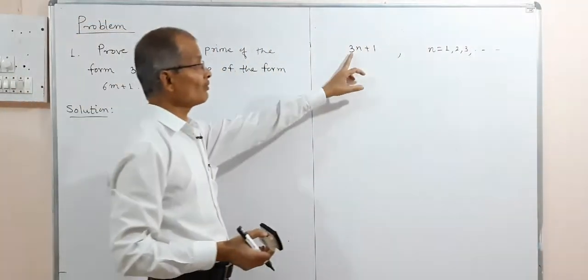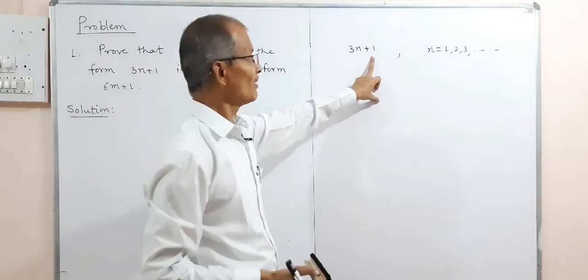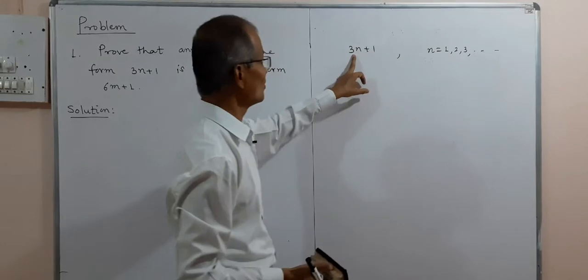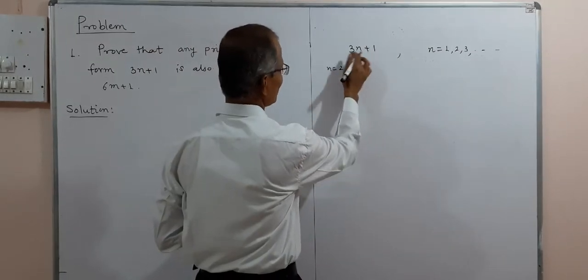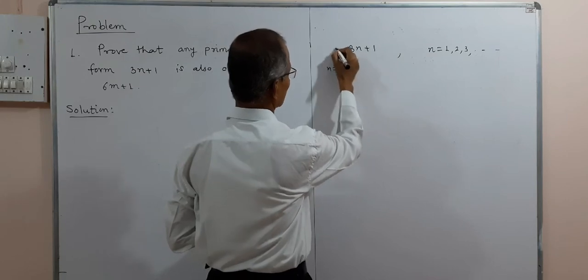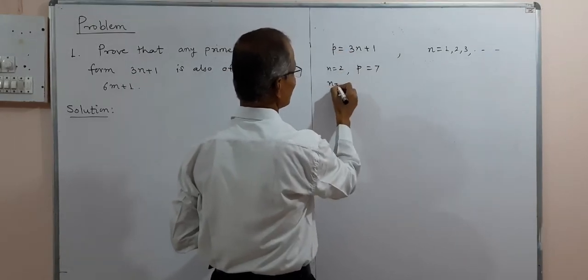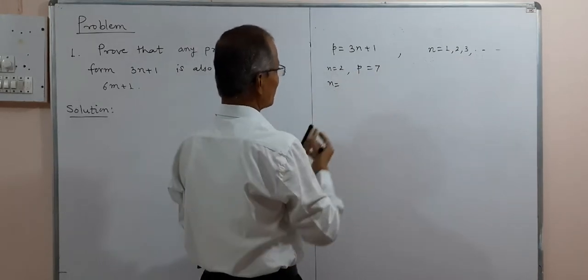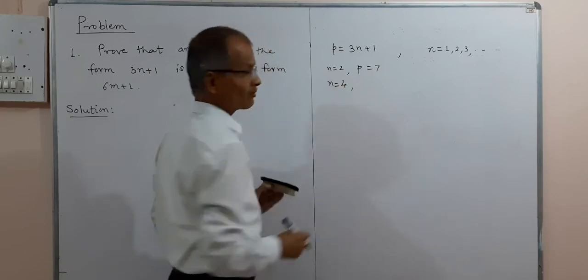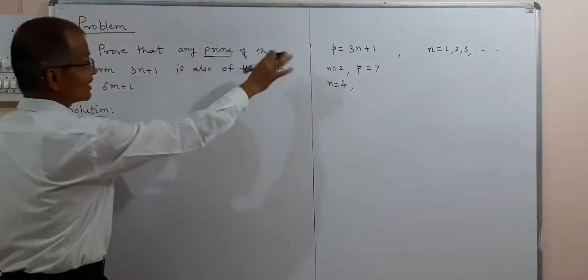If n is equal to 1, then 3 plus 1 is not a prime. But if you see n is equal to 2, then this will be 7. Suppose this is p is 7. N is equal to 3, this is not prime, but for n is equal to 4, primes we have to select only, not all, and any prime of this form 3n plus 1.